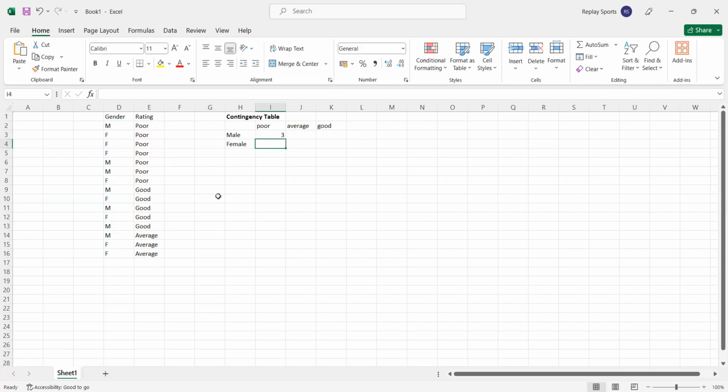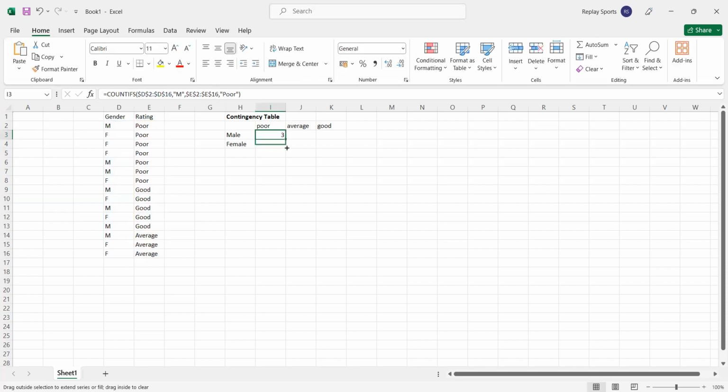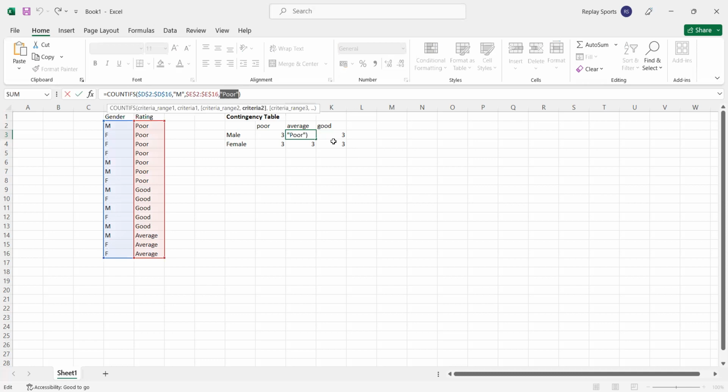So male poor is 3, correct? 1, 2, right? Male poor. Now we fix D2, as this is fixed. This is fixed. So we'll copy and paste. We have to change. So these are all male, but this is your average.